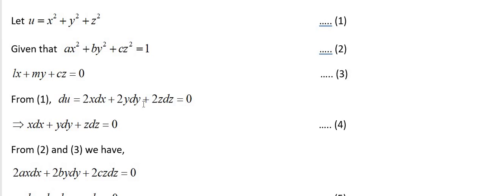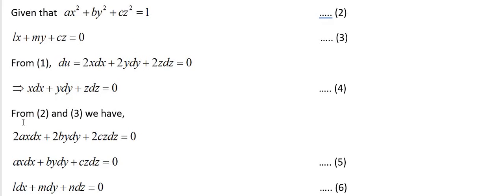Next, I am going to equate this one equal to 0. Observe, here 2, here 2, here 2. Take 2 common and send that to the RHS. 0 by 2 is 0. So we have x dx plus y dy plus z dz equal to 0.